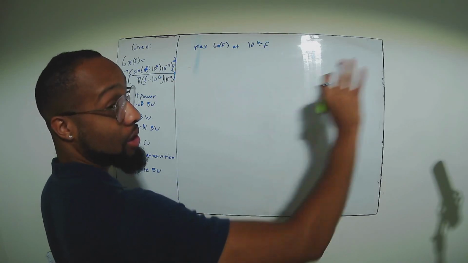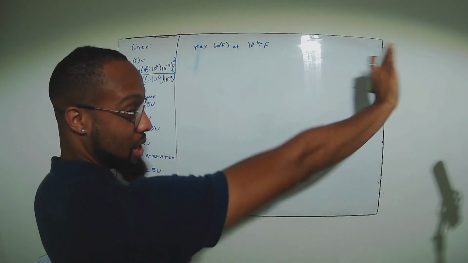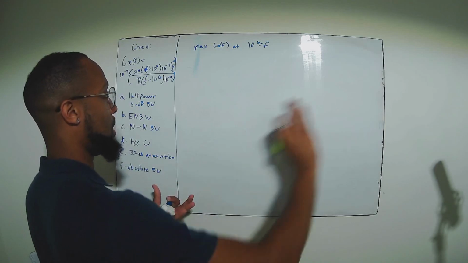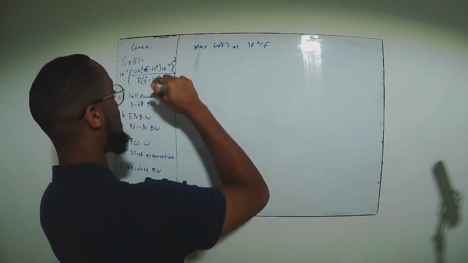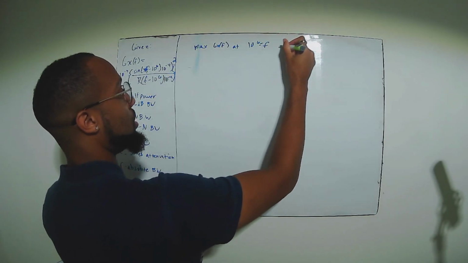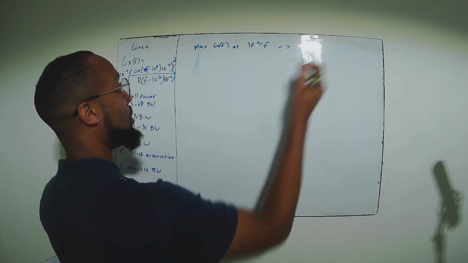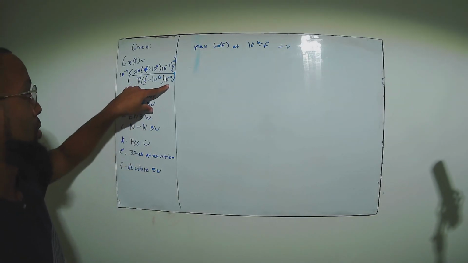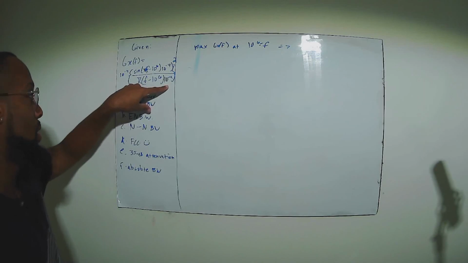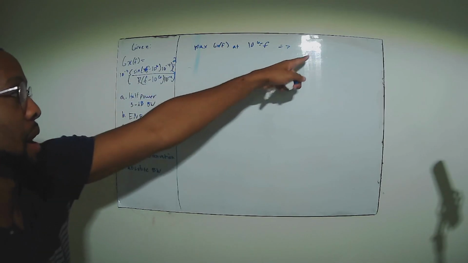The center frequency usually is at 0, but now it's shifted over to 10 to the 6, which is a megahertz, or 1 meg, and this is now equal to 10 to the minus 4. Because we have this multiplier out front that gets multiplied by this part, which traditionally would evaluate to 1, but now we multiply by 10 to the minus 4. So this is our maximum value.